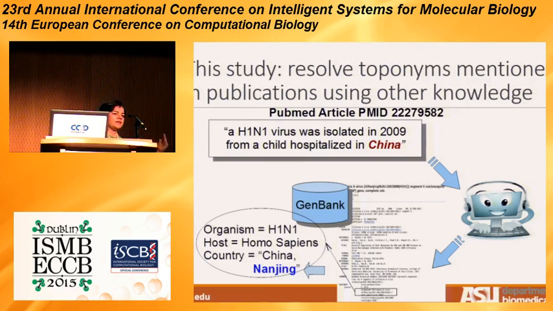The point of view that we're presenting here has wider applications beyond phylogeography, because there are many papers that do not refer to zoonotic viruses or even phylogeographic studies, and you still need to disambiguate these geographic locations. So you get a mention in a paper about an H1N1 virus isolated in 2009 from a child hospitalized in China.